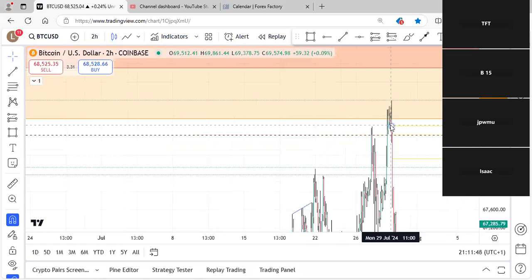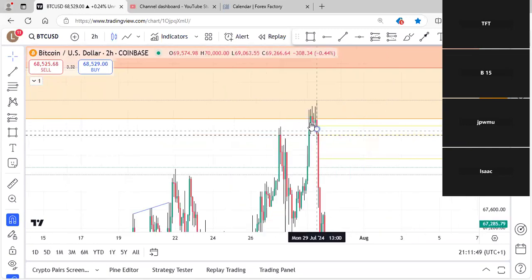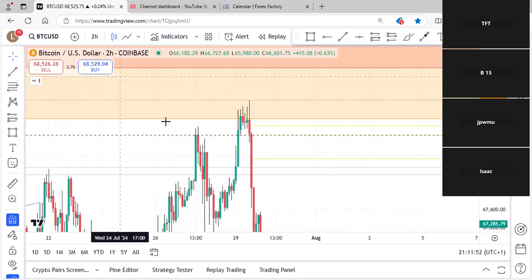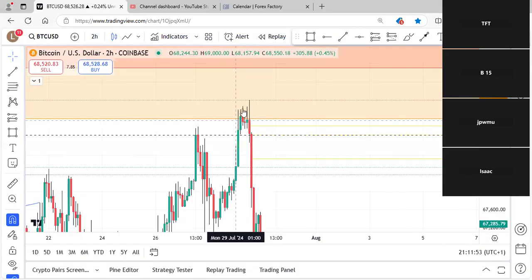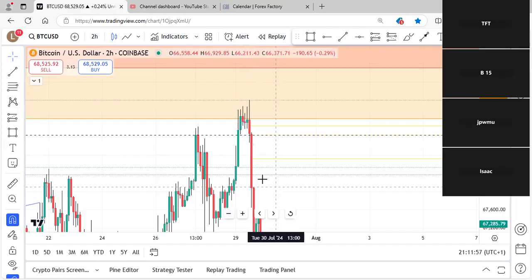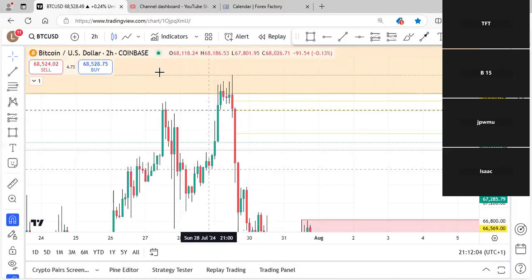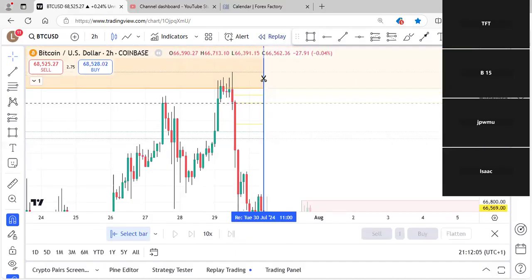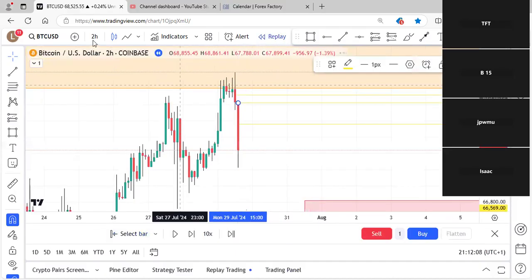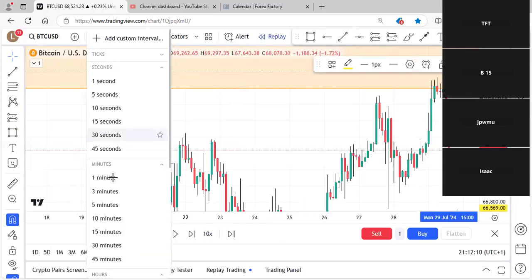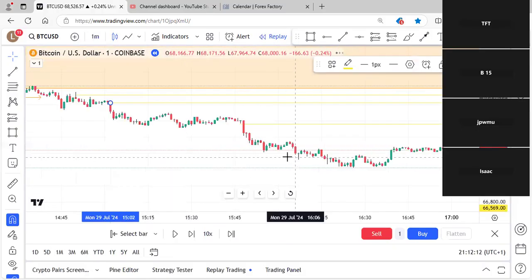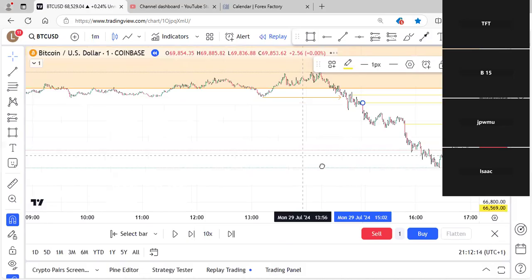But if this hasn't played out already, obviously you know that I wanted to hit my 15-minute zone, 1 minute break of structure, entry, sell off. Pretty sure this just sold off without coming back for the entry. So the entry might still be there, but it's done a lot since then.